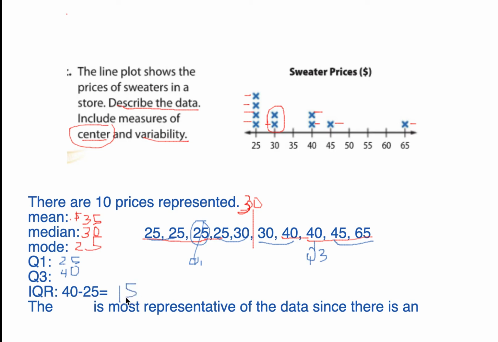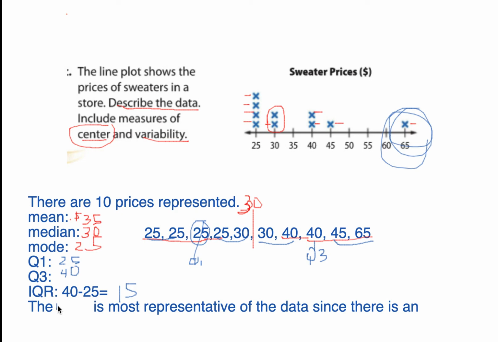Okay, so now, what am I going to use for the center? Am I going to use mean, median, or mode to describe the data? There happens to be an outlier right here. Because there's an outlier, that means I'm going to be using the median.